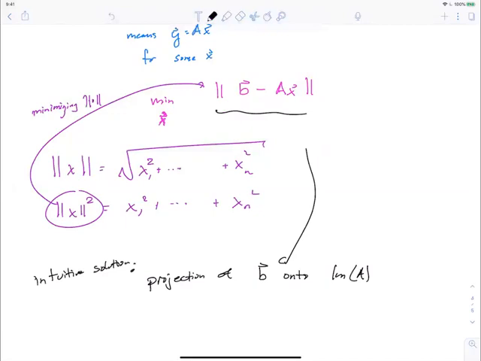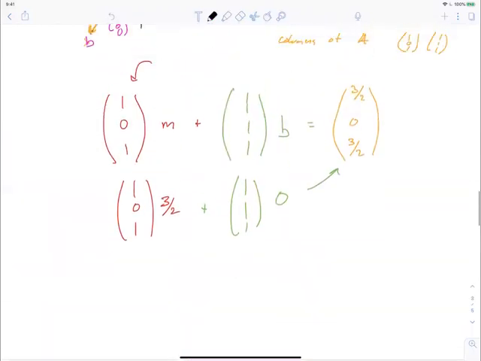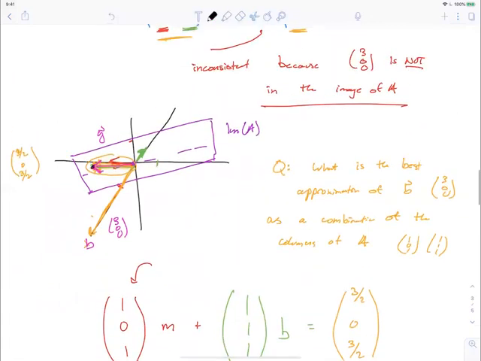You just project it on there and then you choose the X that achieves that. Just to go back up to our picture from before, if you want to find the closest solution, all you have to do is figure out how B projects onto the image. And then instead of using this B, you're going to use this Y in some sense, the projected version of B.